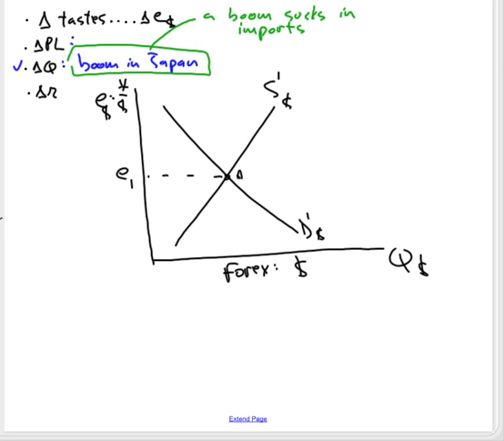In any case, in a booming economy, as Japanese people become richer, all other things being equal, they will spend more, and part of what they spend will be on imports, and therefore they will need more dollars, and therefore the demand for dollars in the foreign exchange market will rise.